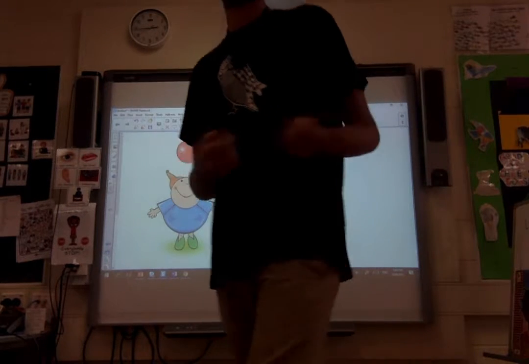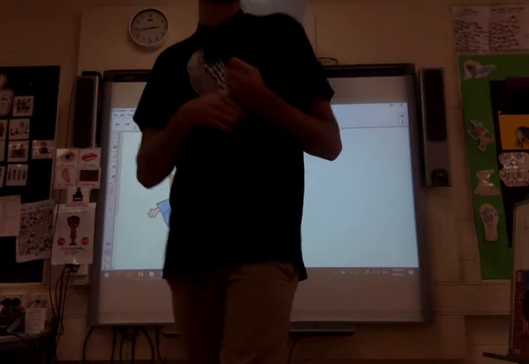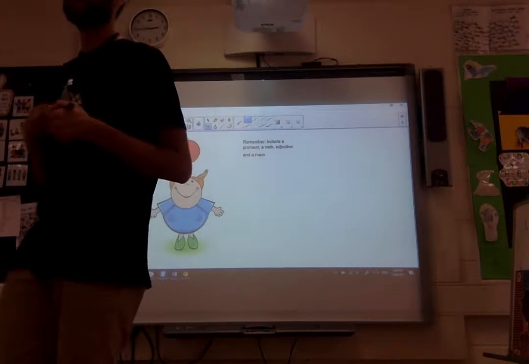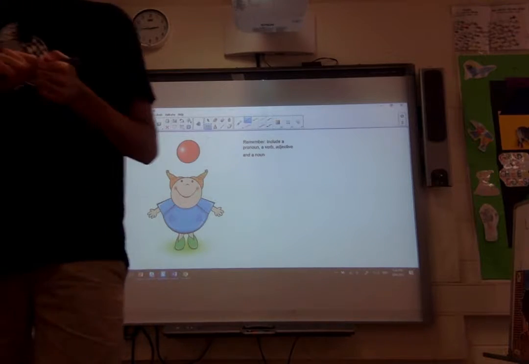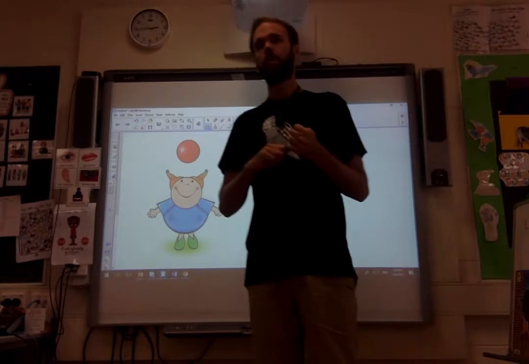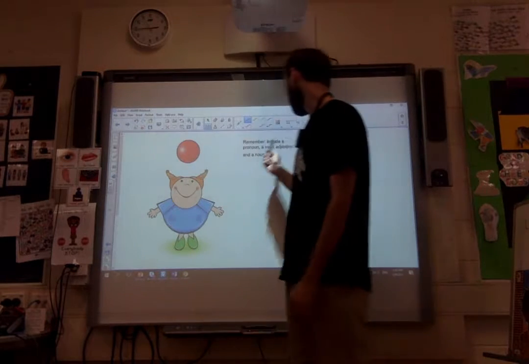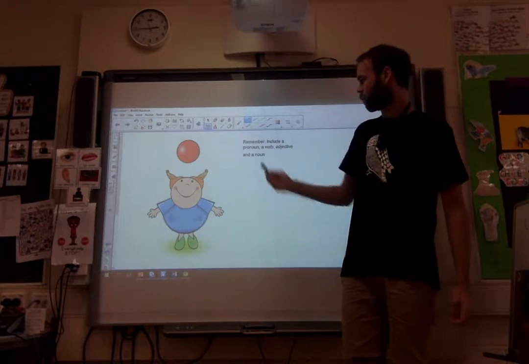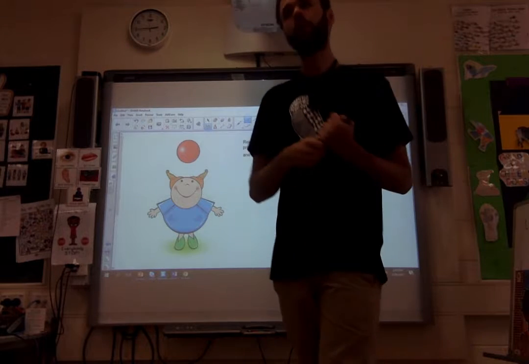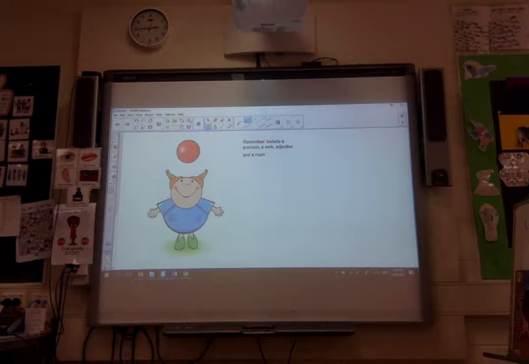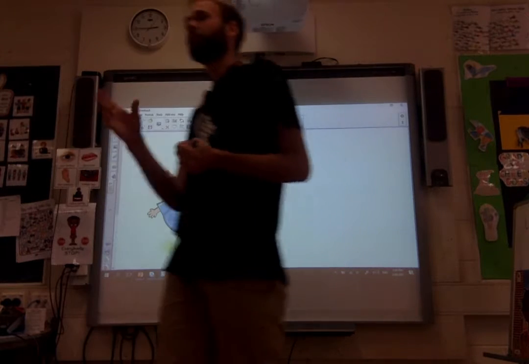We have all different types of nouns. Can anyone give me an example of a noun in this classroom? Maybe something that you are really close to right now. Table. What colour is the table? Green. So you are at the green table. Your adjective is green, and your noun is table. What's the verb? You are at the green table.